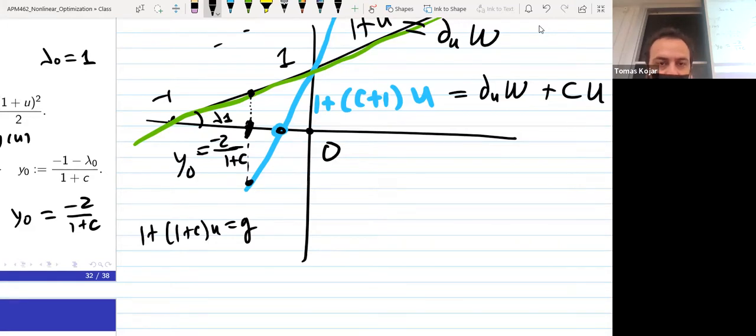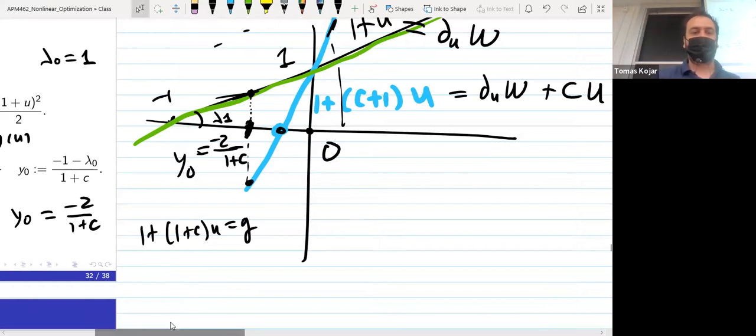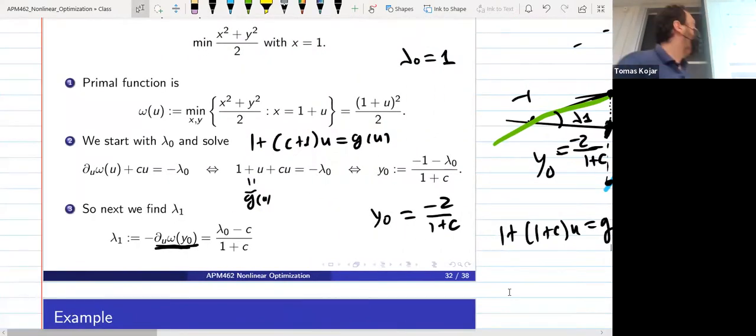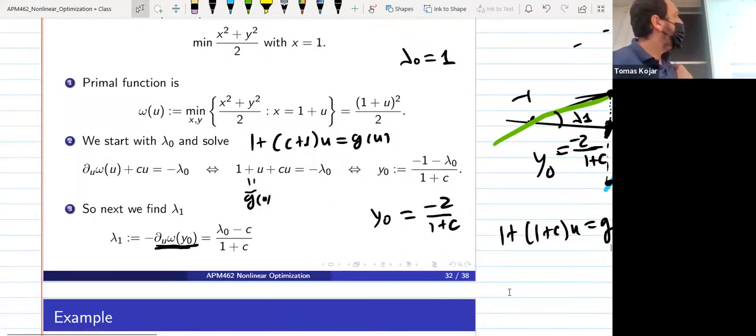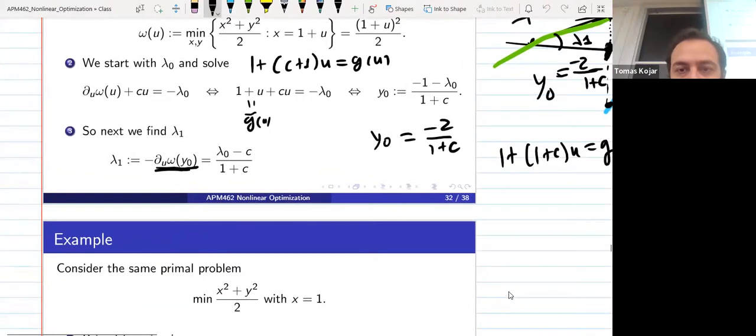He gave us y0, and then we went up here, and he gave us lambda 1, and then you will have to go up there. But you don't have to do this. I just want you to be able to do the numerics. So I solved this equation and I got my y0, and then I plug my y0 into the gradient, which was -1 plus u. So I plug in this guy and I get this.